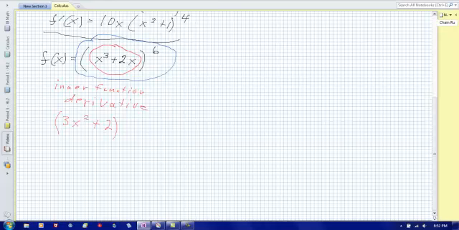And then the outer function, derivative. Well, we put our exponent on the outside.